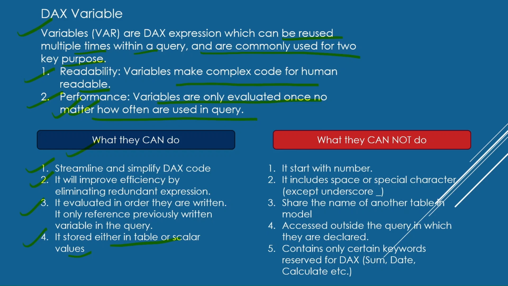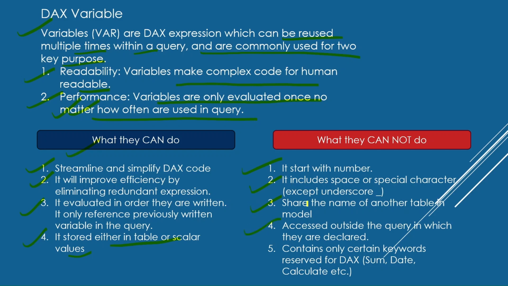What they cannot do: the name does not start with a number. It does not include a space or a special character. Only underscore is allowed. It cannot share the name of another table in the model.